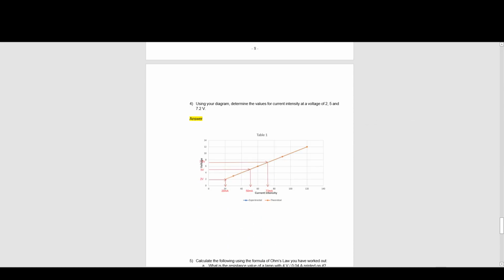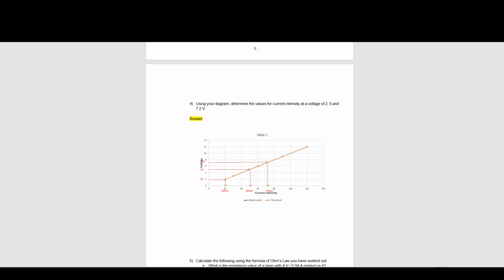For question number 4: using your diagram, determine the values for current intensity at voltages of 2, 5 and 7.2 V. From the graph that we made before, we follow the y-axis to 2 volt, then drag the arrow horizontally until we reach the line graph, and then drag it downward until we reach the x-axis, and then we get the current intensity.